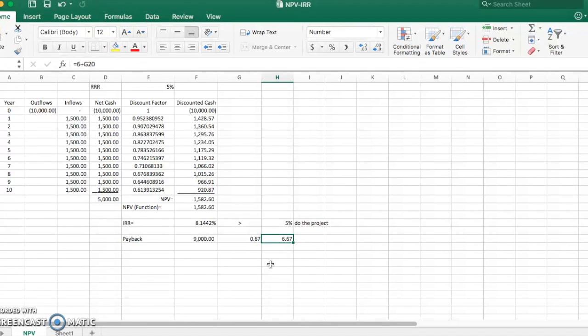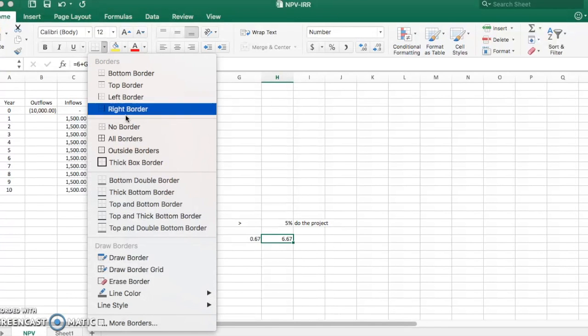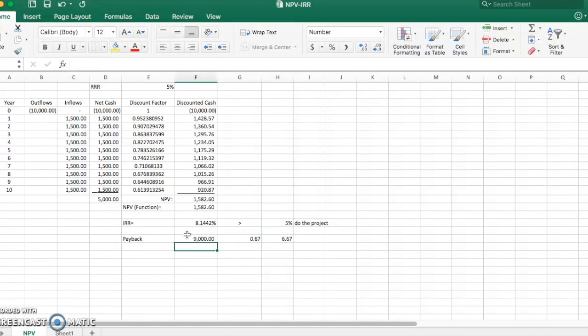You know, these are various calculations. And of course, you can do this in one cell, but I'm expanding it to make sense to you. Now, the problem with that payback period of 6.67 years is it ignores a couple of things. One is it ignores the time value of money.